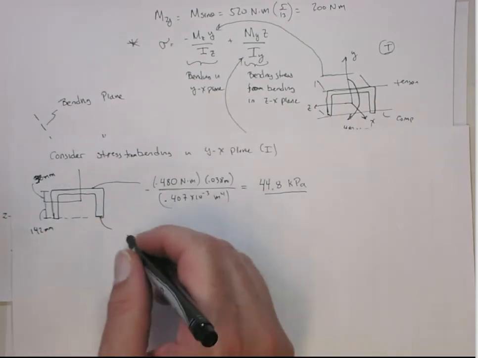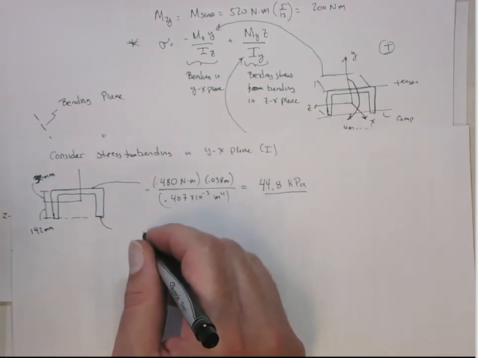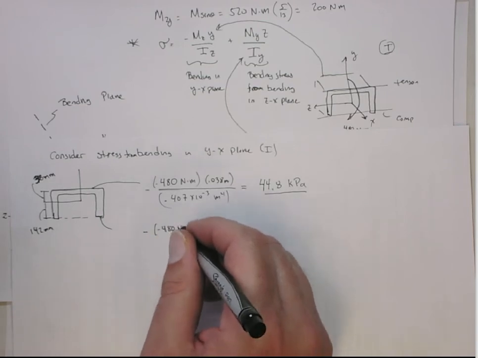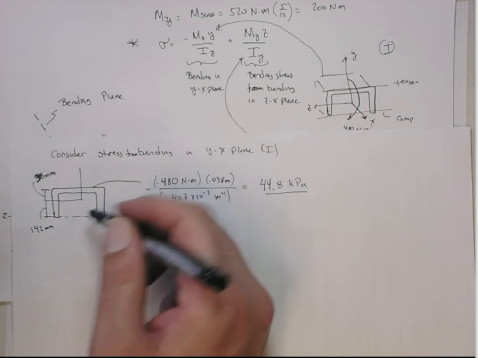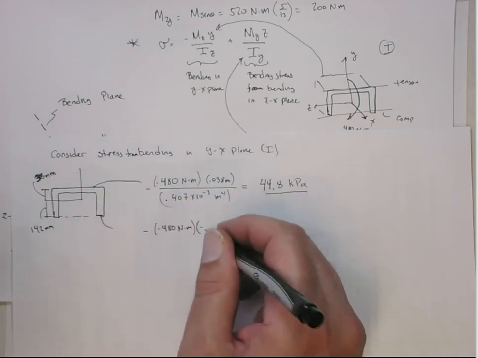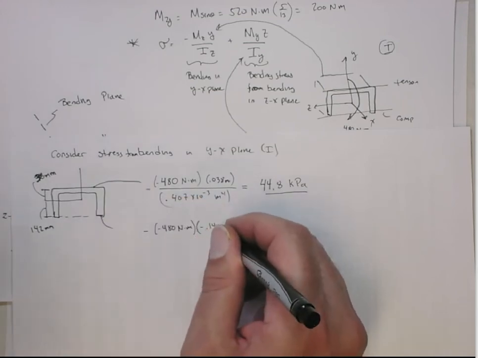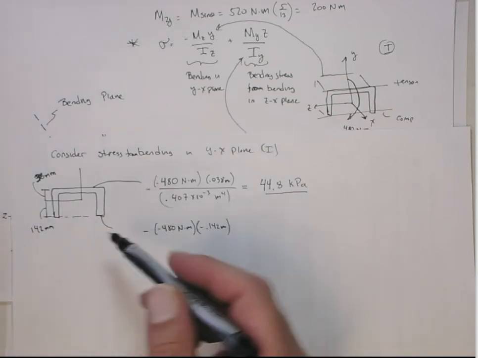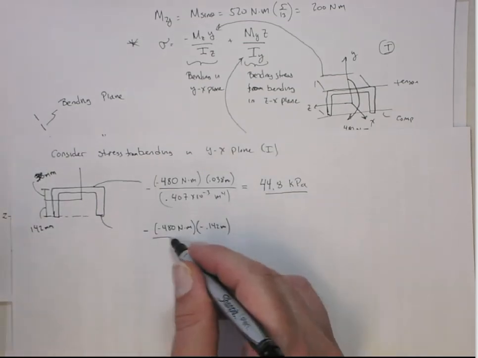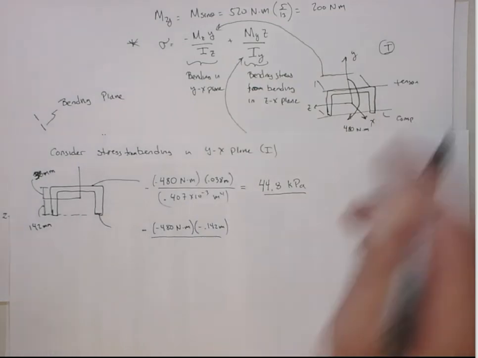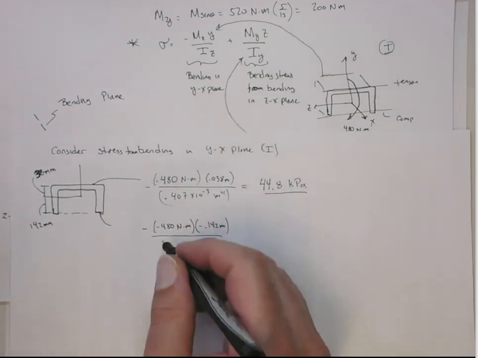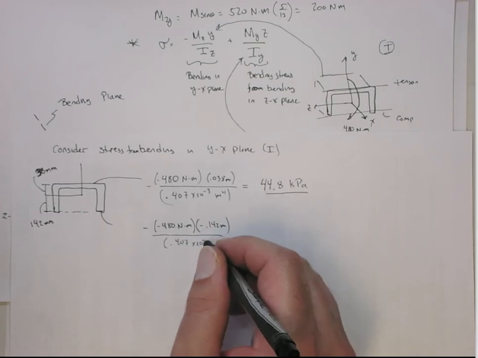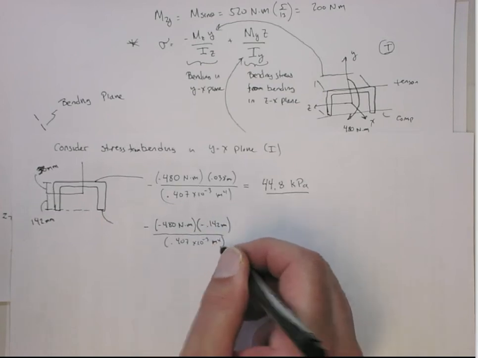So this is going to be, again, minus 480. Now the C distance is a negative 0.142 meters. You can also see, obviously, this is the same calculation we got where we assumed that this would have been compression by looking at the picture up here, right? But you can see the sign convention also works out. And then I divide by 0.407 times 10 to the minus 3 meters to the fourth.